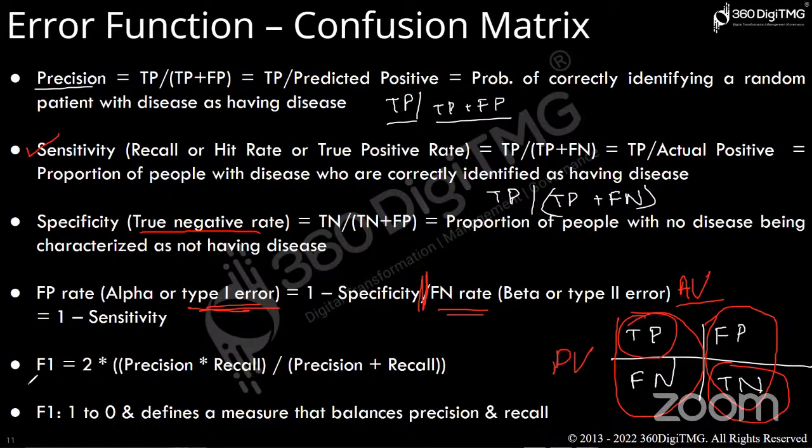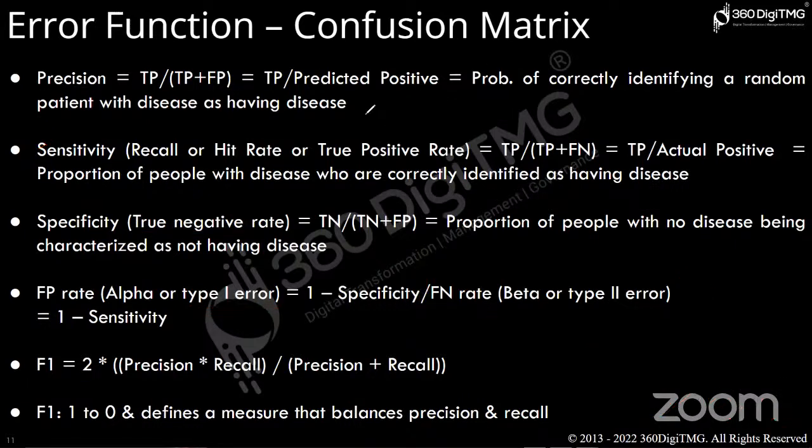We are also having a metric known as F1 score, which is 2 times precision into recall by precision plus recall, and it lies in the range of 0 to 1. So these are the various evaluation metrics that can be used when our output is discrete, basically.